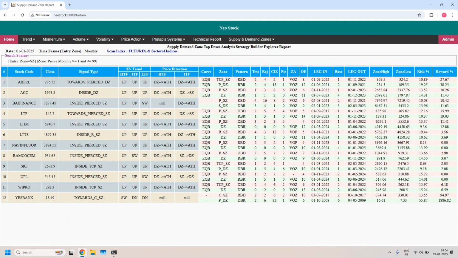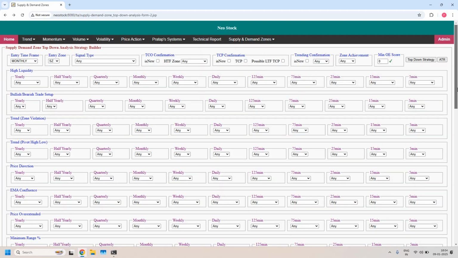Out of these 12 monthly supply zones, how many are having monthly EMA confluence? That filter is useful when you are using the third strategy, new order flows inside the monthly supply zone. At that time, this EMA confluence filter will be useful to you. So EMA confluence, monthly time frame, I am setting the filter, monthly supply zone having monthly EMA confluence.